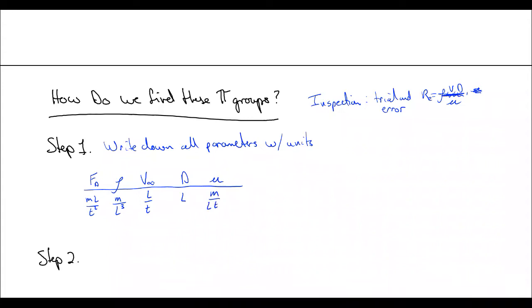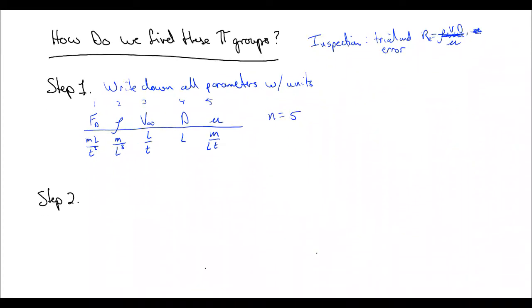And now we're going to count up the number of physical variables we have. 1, 2, 3, 4, 5, which gives us n is equal to 5. And step 2 is figure out the number of pi groups.